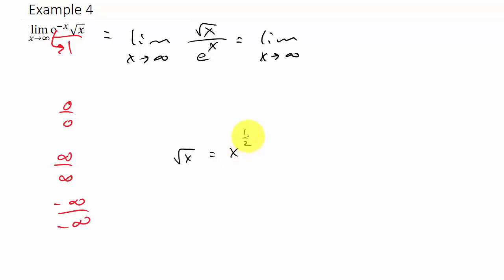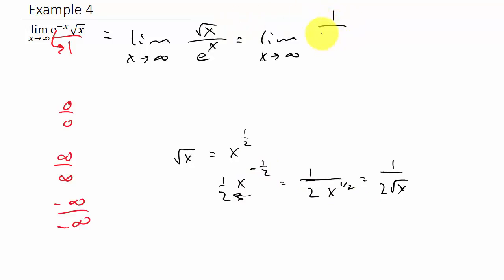So we use the power rule, so that's 1/2 x to the negative 1/2, which equals 1/2 over x to the positive 1/2, which is 1 over 2 square root of x. We move this down to the denominator with the 2, and it changes the sign of the exponent. So the derivative of the numerator is 1 over 2 square root of x, and the derivative of the denominator is just e to the x.